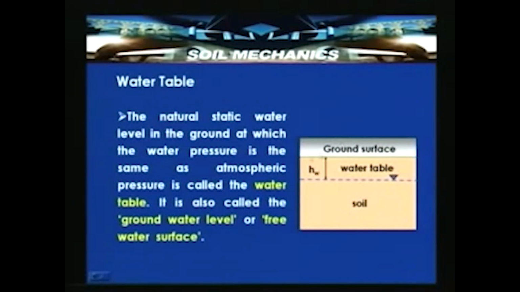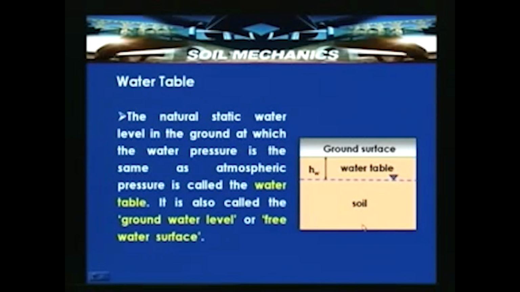Here a cross section is shown, the soil strata, and this is the level at which the groundwater table occurs. At this point the water pressure is the same as the atmospheric pressure, which is equivalent to 0, and this is the ground surface shown here.